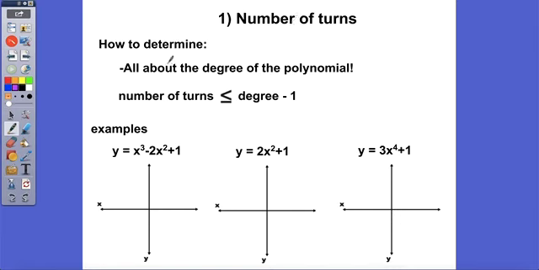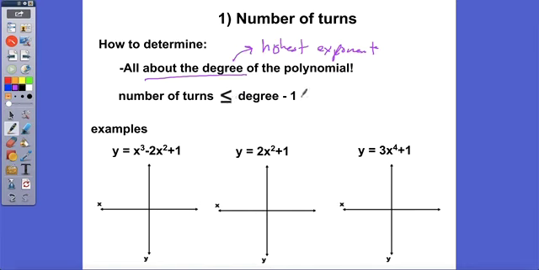Number of turns. So how do we determine how many turns a polynomial will have? Well, it's all about the degree of that polynomial. Remember, the degree represents the highest exponent. The number of turns always has to be less than or equal to one less than the degree.